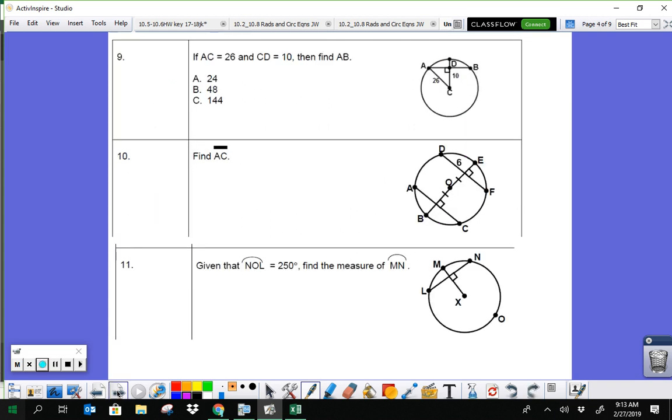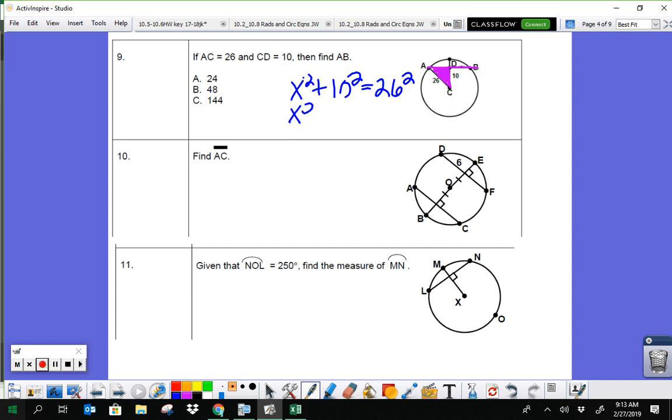Number 9, if AC is 26 and CD is 10, then find AB. Okay, so what you see here is a little right triangle. So what I need to do first is find that missing piece of that triangle by using Pythagorean theorem. Notice here that your 26 is your hypotenuse. So I'm going to have x squared plus 10 squared equals 26 squared.